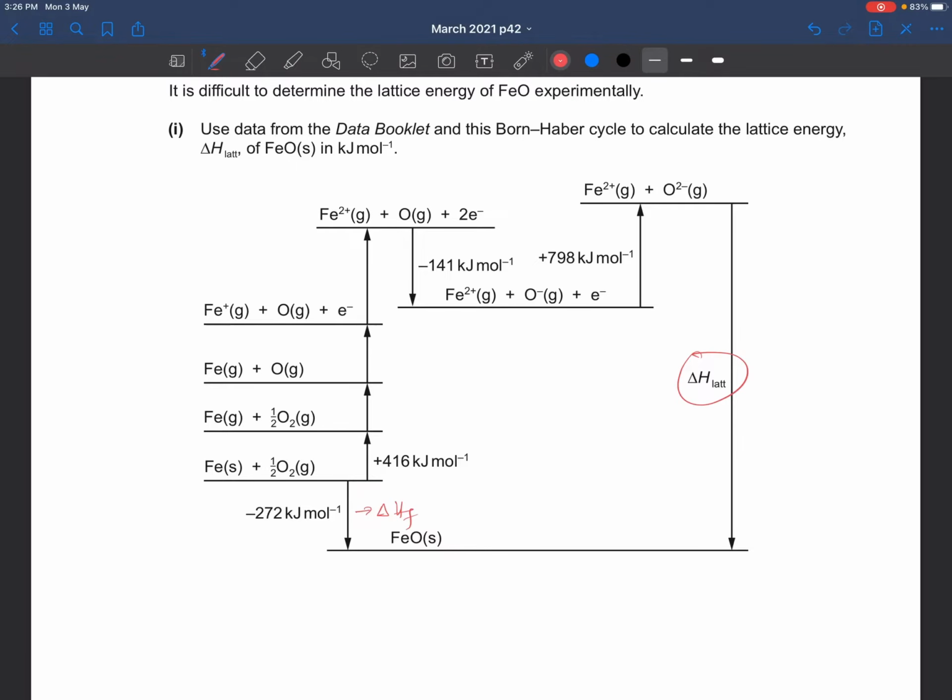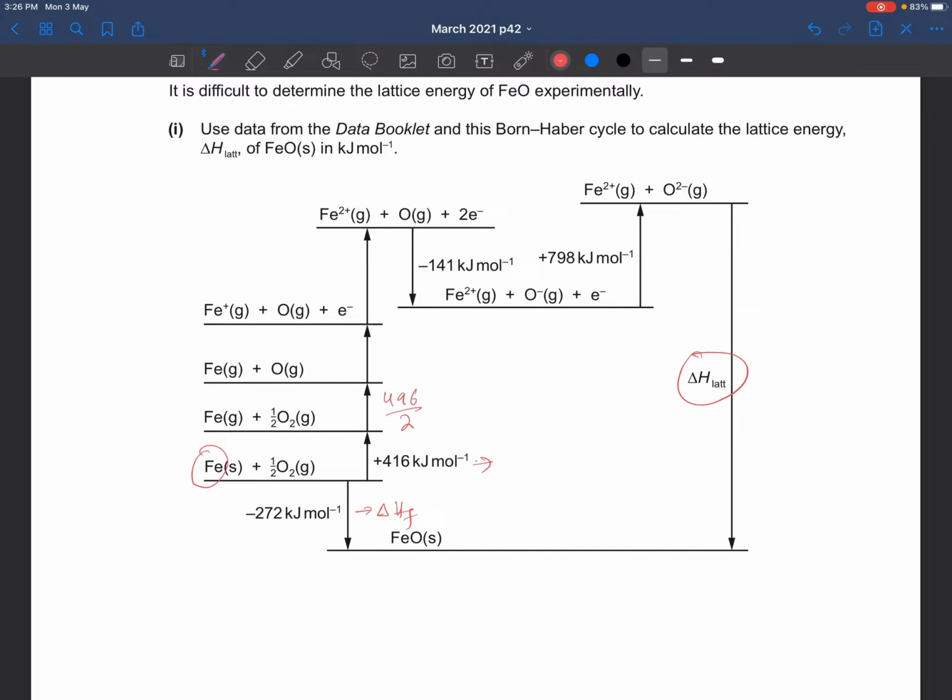And they have given us the atomization of iron, right? This is the atomization of iron. Rest of the energies you can just simply find out from the data booklet, right? Like the next energy, this is the atomization of oxygen, which would be bond energy of oxygen divided by 2, and that is 496 divided by 2.